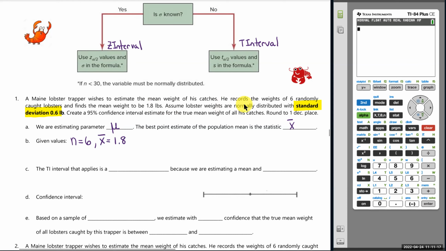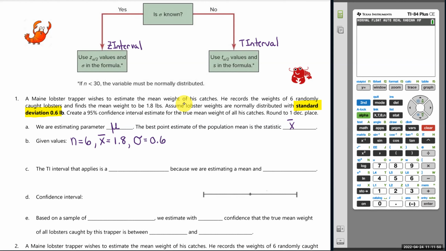Assume weights are normally distributed with a standard deviation of 0.6 pounds. The question is: is that standard deviation for the 6 lobsters, or does that sentence simply say it's true in general? In that sentence, it specifically says we're going to assume that this is true. So what they're telling us is that we are allowed to say we know that the population standard deviation is 0.6 pounds.